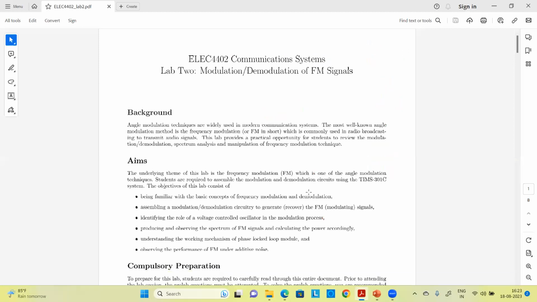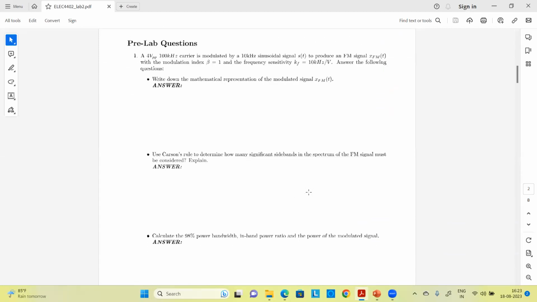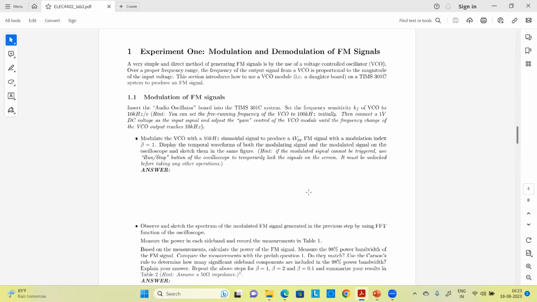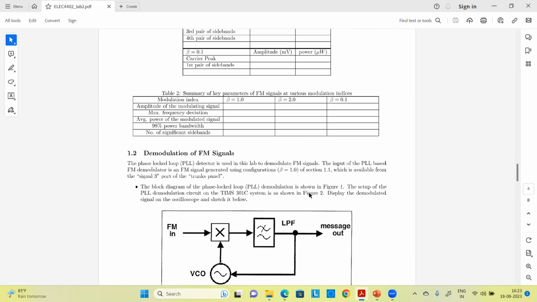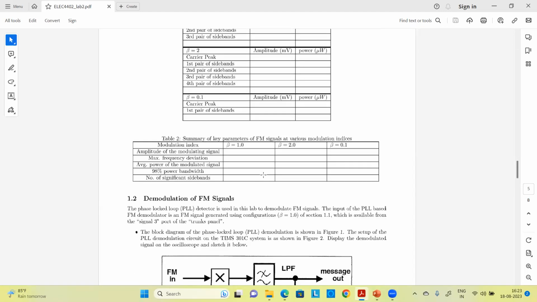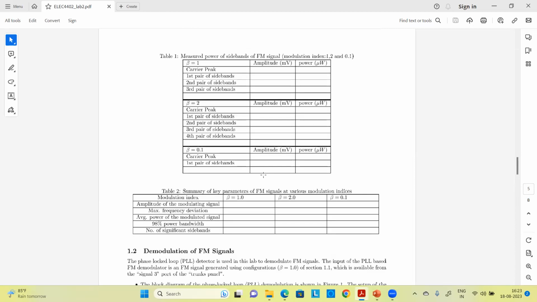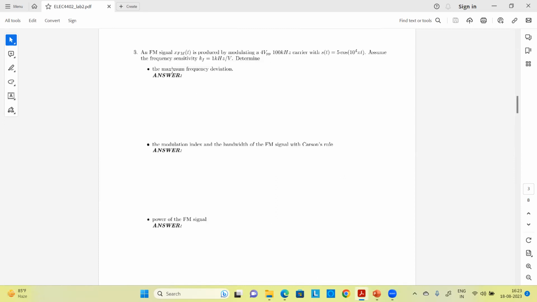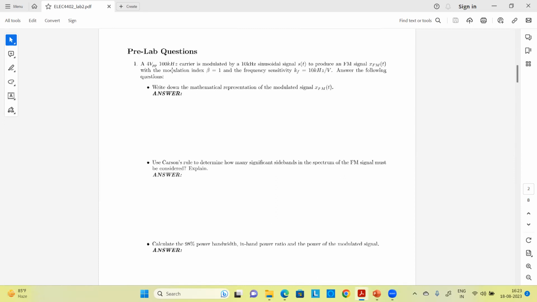I can solve these problems for you, including the tutorial questions. But this experiment section is something you have to do yourself in the lab. I can explain some processes like PLL and help you with some things, but experiments are a lab part. The theoretical concepts and the numericals I can cover.